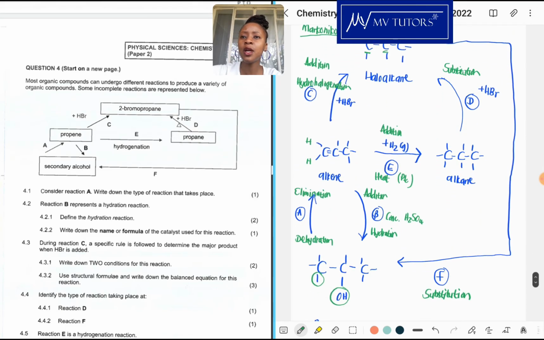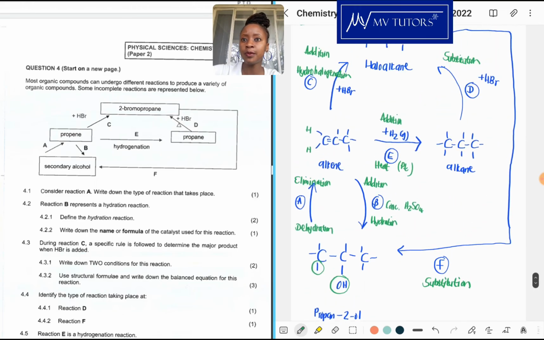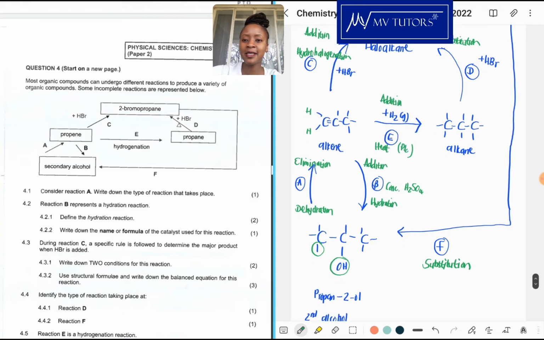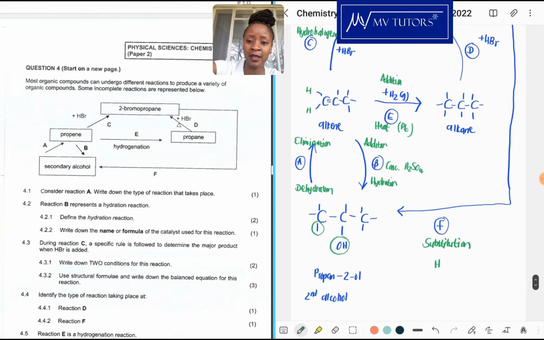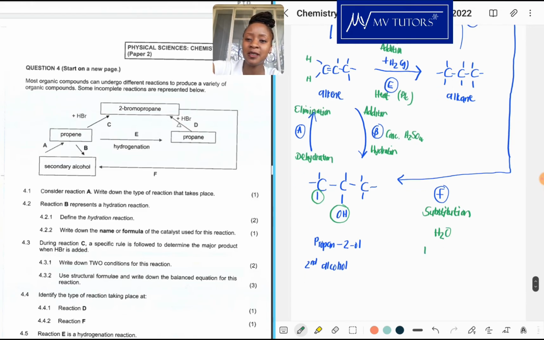You can see that we took away the bromine and put there the OH group, and the hydrogen doesn't matter. So basically there was water involved. So this substitution reaction is called hydrolysis. Okay, so yeah, that's basically that.